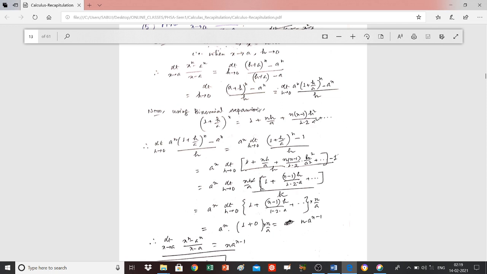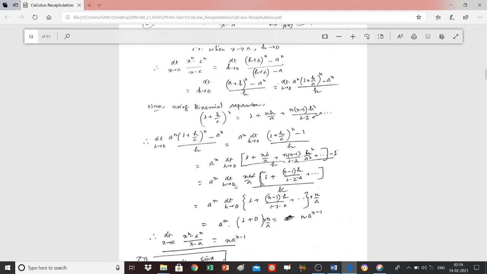So this limit can be written as a to the power n, limit h tends to 0, of (1 plus h by a) to the power n minus 1, by h. That is equal to a to the power n, limit h tends to 0, with the binomial expansion of this term, then minus 1, by h.